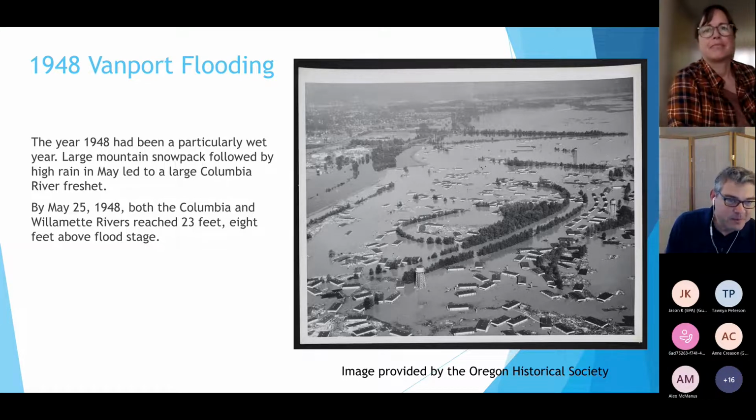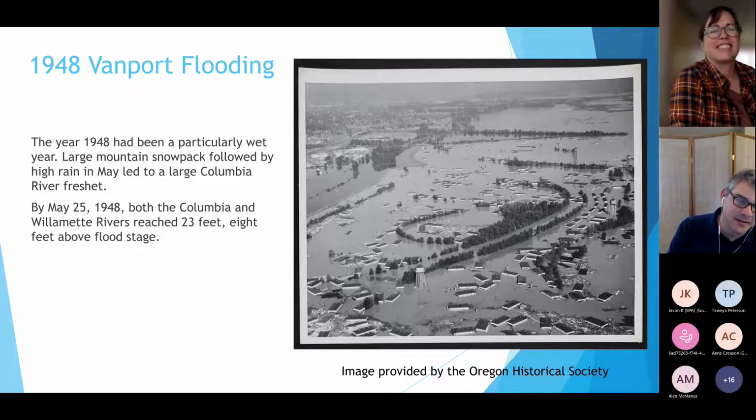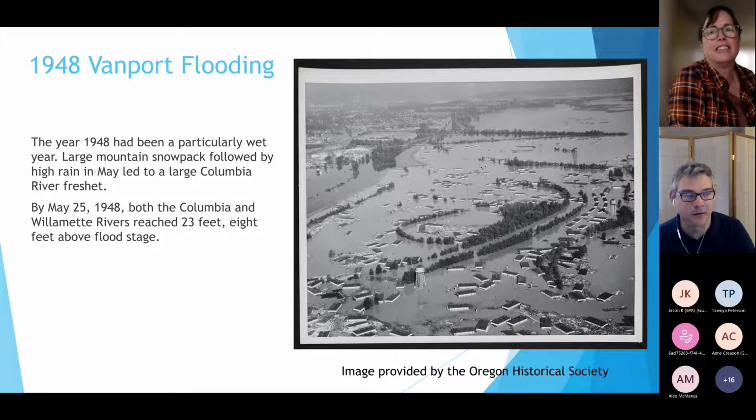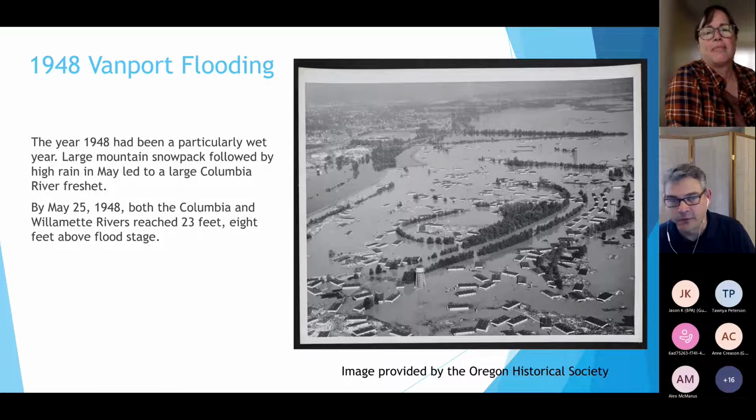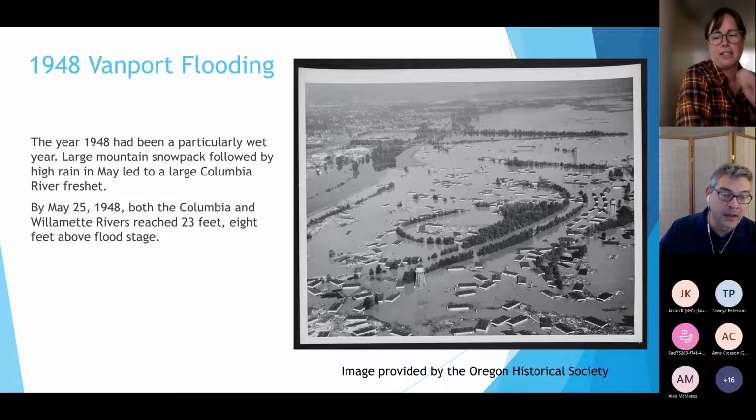But for the purposes of my talk today, it's also interesting that this event occurred because it was a particularly wet year with a large mountain snowpack followed by heavy rain in May, which led to the Columbia River overflowing the levees and flooding this area.